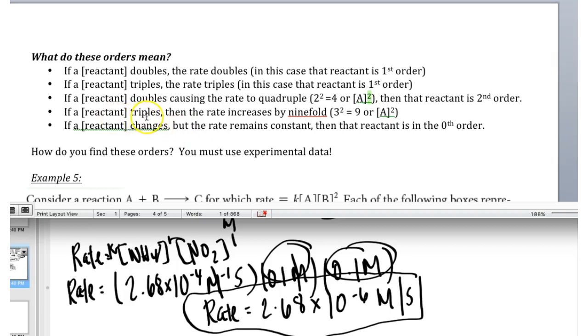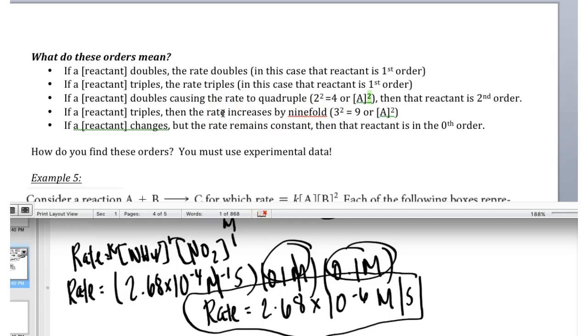But let's say the reactant triples and the rate increases by 9-fold, then we call that a third order. We call that, not a third order, my bad. We call that a second order because, look, if you triple the reactant and it increases by 9-fold, that means the rate increased by 3 to the second power, which is 9. 3 times 3 is 9. So the rate is going to increase by 9-fold.